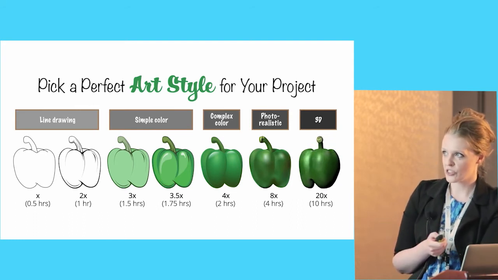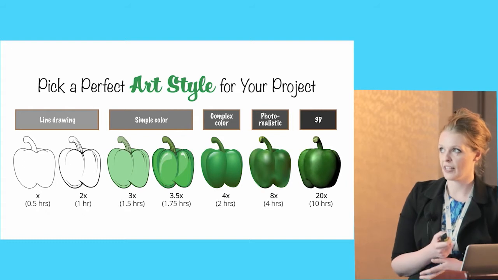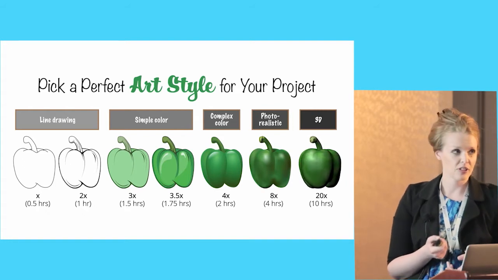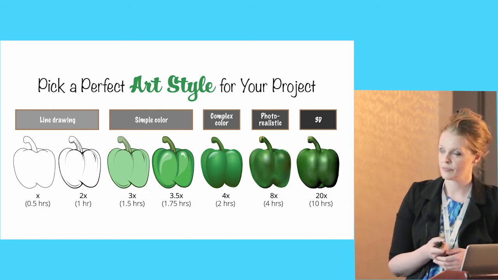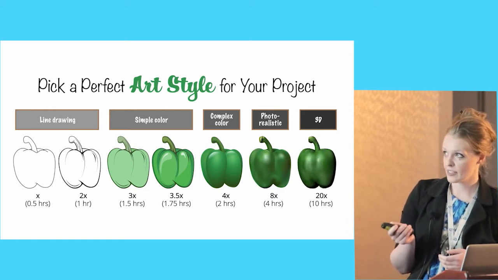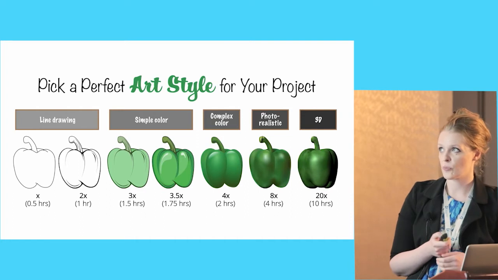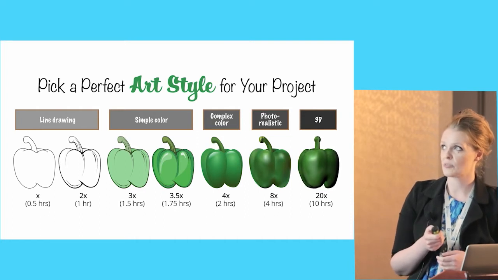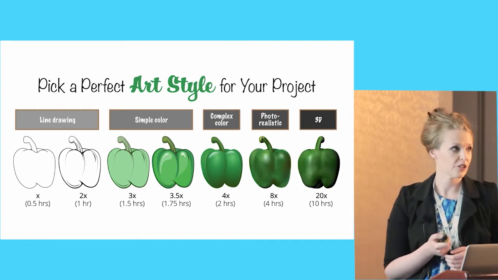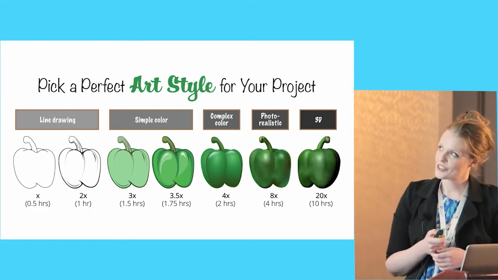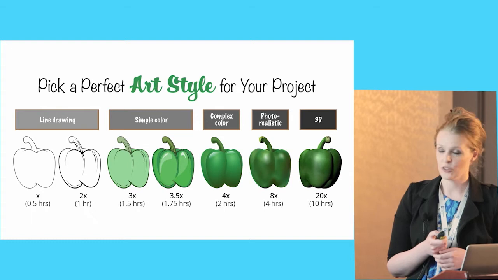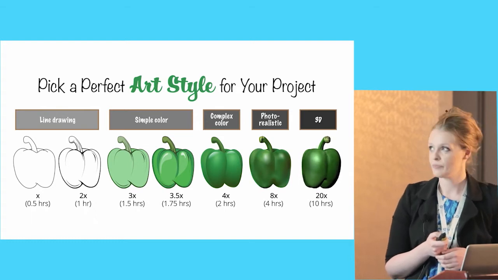Then complex color, which has more colors, more blending, more use of gradient, and less reliance on lines in order to help establish edge boundaries. Then photorealistic, which just amplifies all those parameters and concept color to create an image that looks like it could be a photograph. And then finally, 3D, which has as one of its main benefits that you can see it from multiple angles.